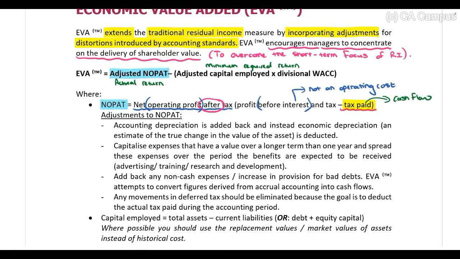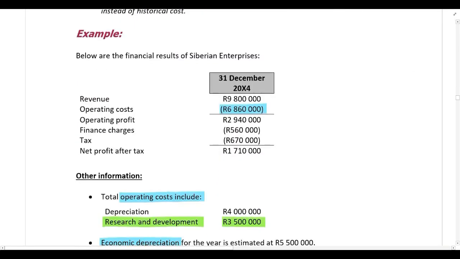So for this example, let's first calculate our net operating profit after tax, and then we'll come back and have a look at these adjustments over here. So this is my operating profit before interest, or before my finance charges. So that's going to be the starting point in my calculation, and then I'm just going to need to deduct the tax that was paid during the period. Now, this is your tax expense.